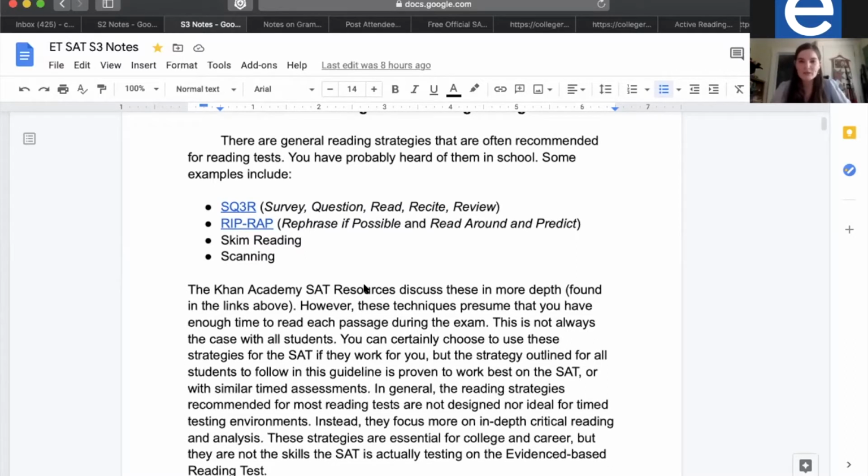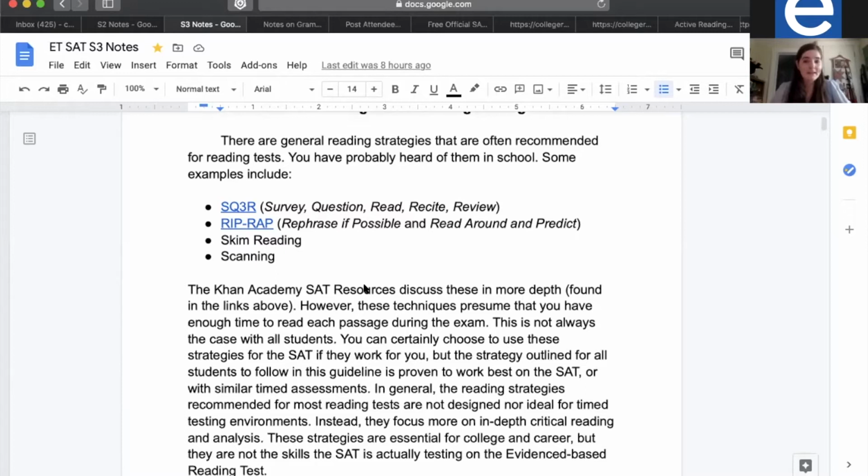If you haven't learned it, Khan Academy has a great set of resources that walk you through how to do it, and how to approach an SAT passage in particular with it. So RipRap is two strategies that they put together: rephrase if possible, or read around and predict. Those are what the acronyms stand for.